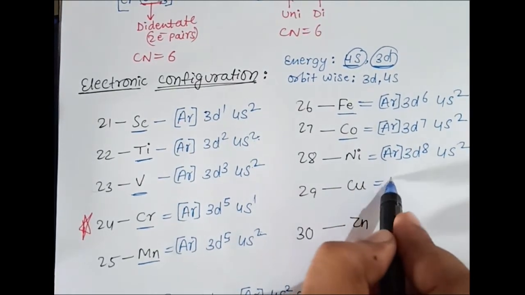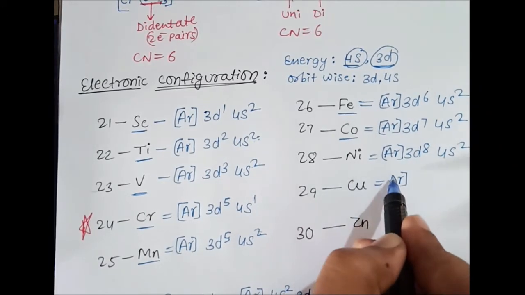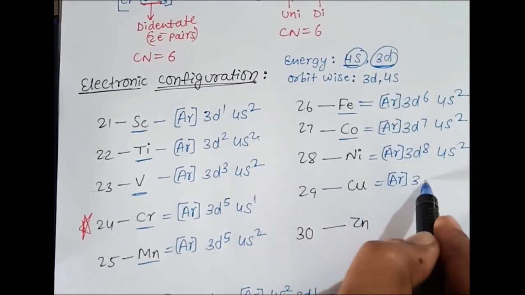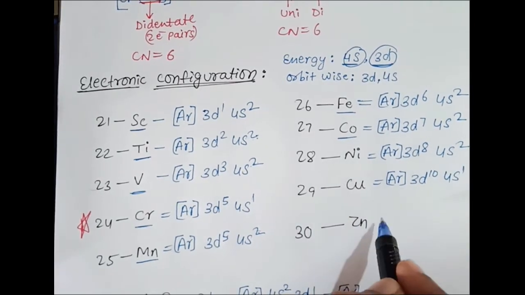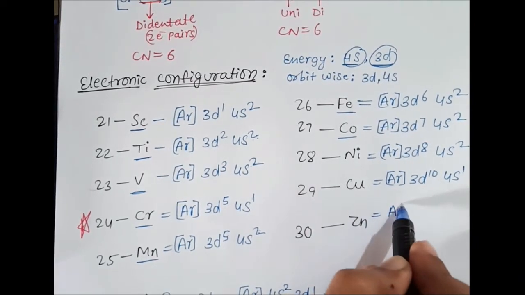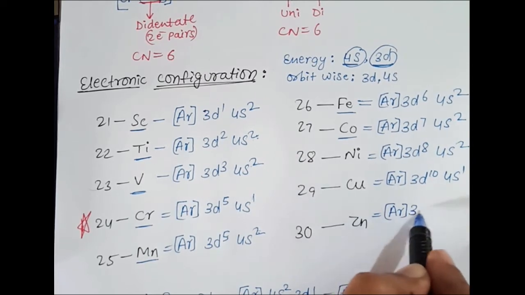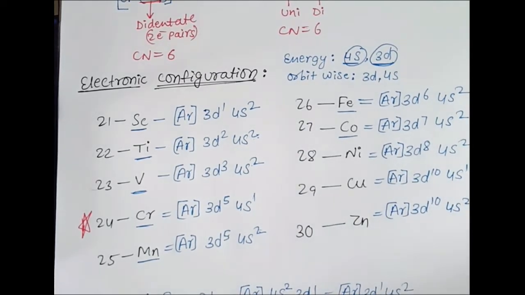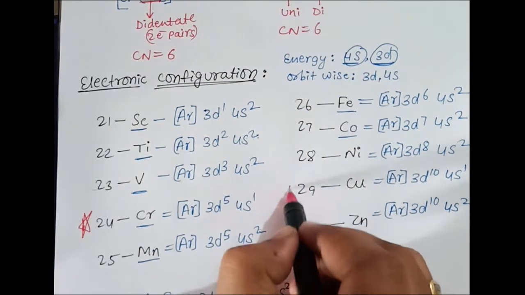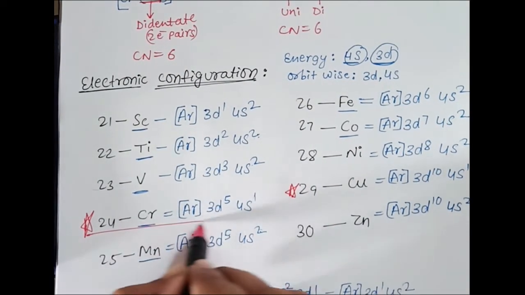Copper, it is argon, again an exceptional case because of full-filled electronic configuration, 3d10, 4s1. And zinc, it is 30, argon 3d10, 4s2. Okay, so here chromium and copper both are exceptions, so I'll put them in a box.